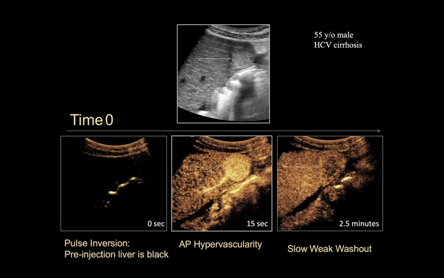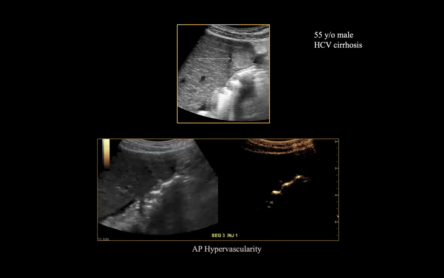This constitutes washout, and it's weak washout because there are still some bubbles remaining within the enhanced tumor site. And so what do we know from this? This is the classic enhancement for HCC, arterial phase hyperenhancement at 15 seconds and late and weak washout at 2.5 minutes.